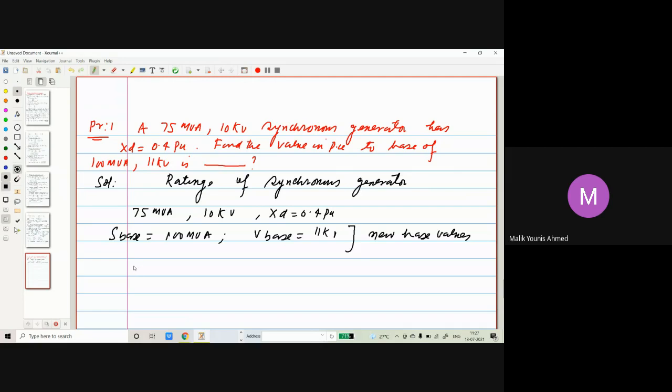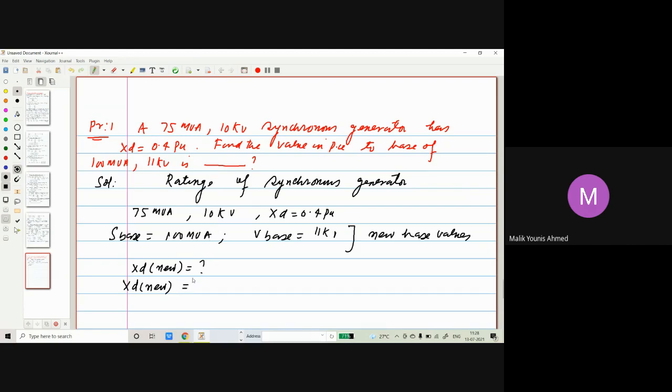So what are you expected to find? You are expected to find XD new. We know the formula. XD new or Z per unit new is the same thing, because that was Z there; here it is X, since this is a purely reactive circuit.